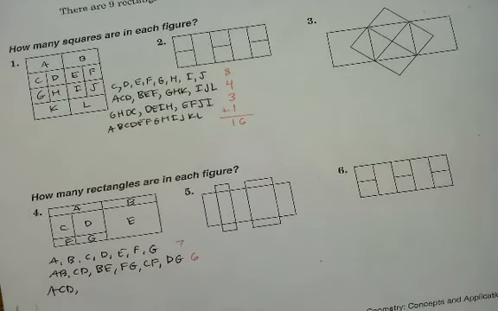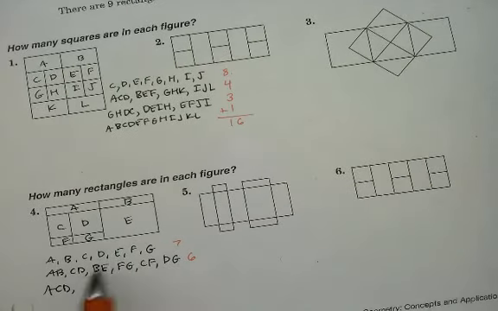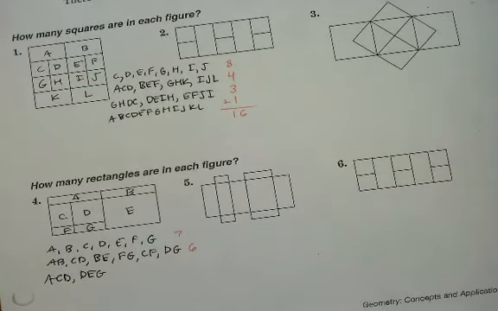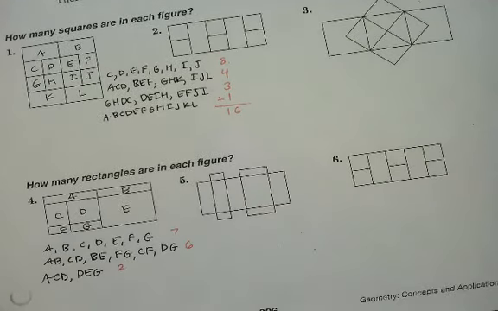Now let's use 3 letters. So I can do A, C, D. Three letters. Maybe that's all with 3 letters, huh? No, we can do D, E, G as well. I think that's all. So with 3 letters, it looks like we have 2 shapes.